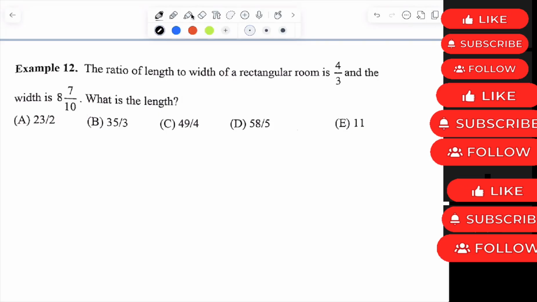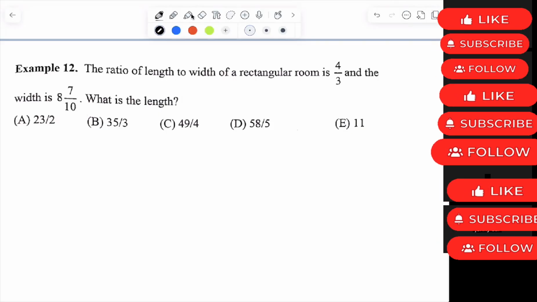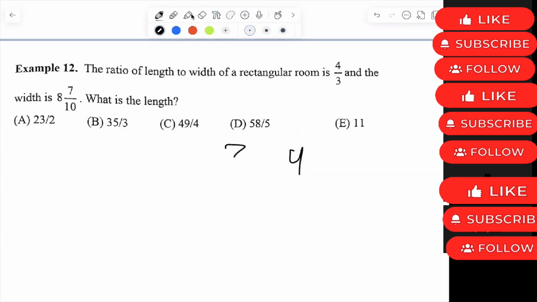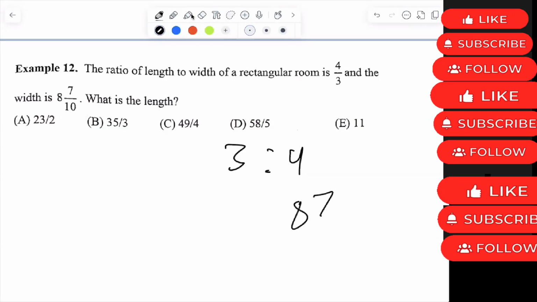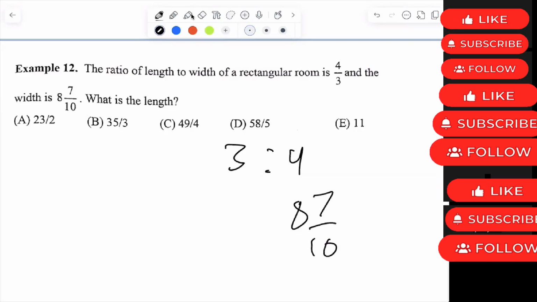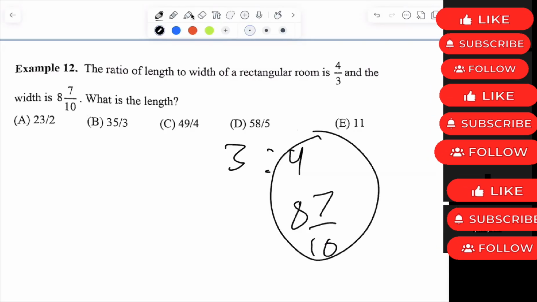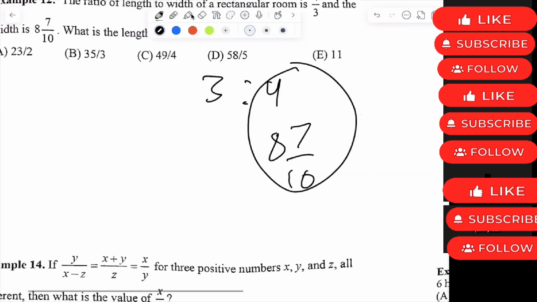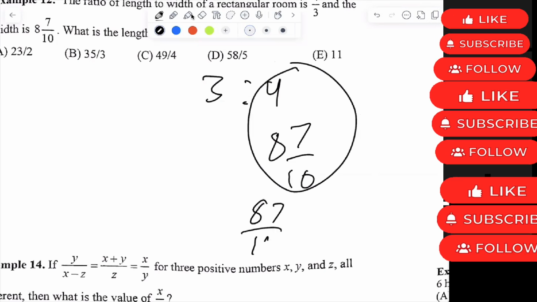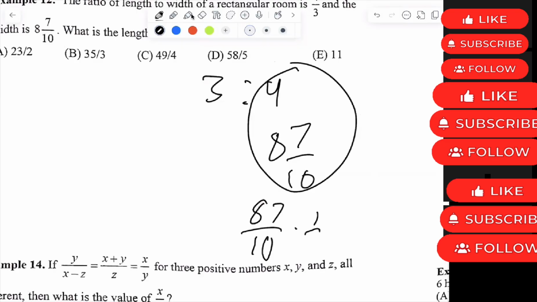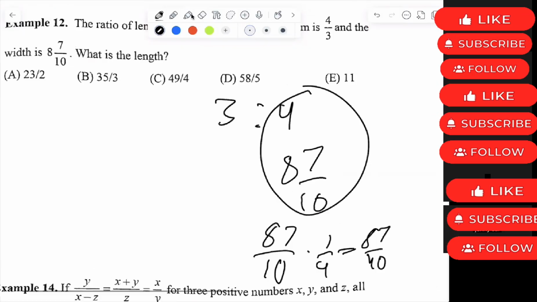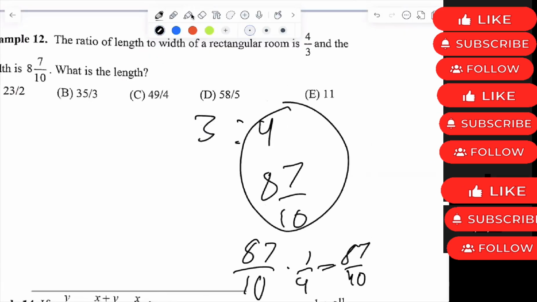Alright, now width is 4, which is also 87/10. What's the ratio between this? Well, the ratio between it is 87 divided by 10 times 1/4, or 87 divided by 40, right?